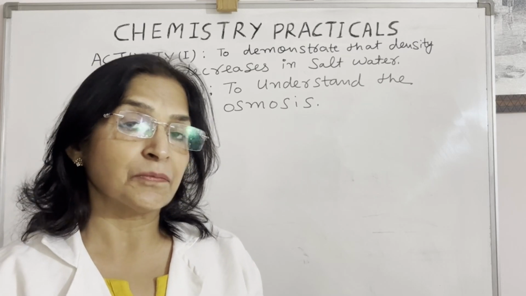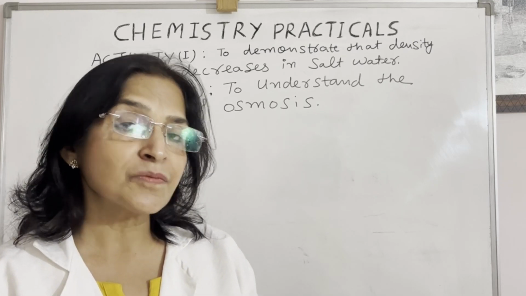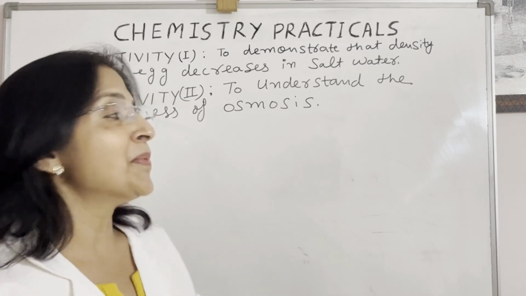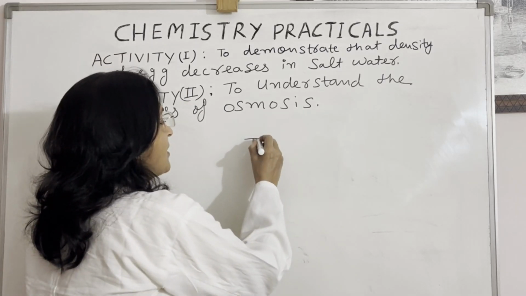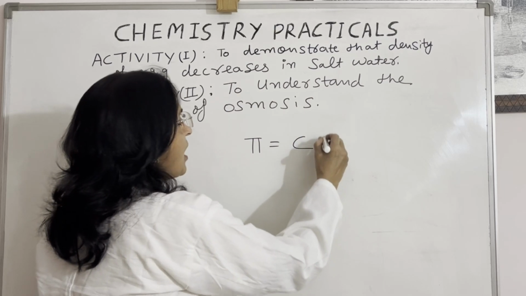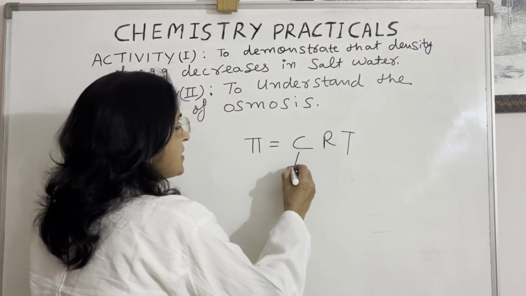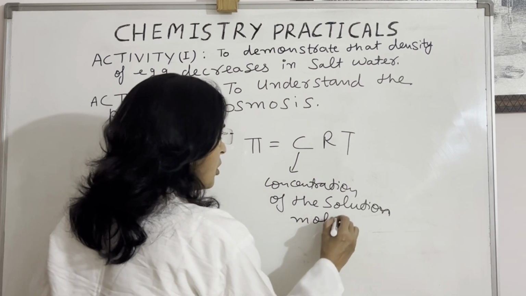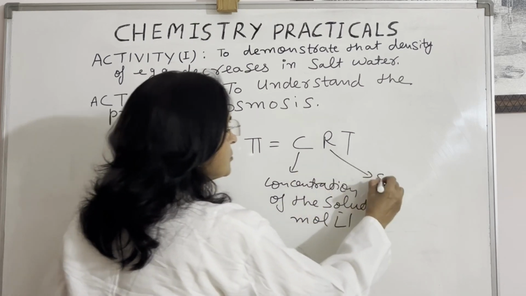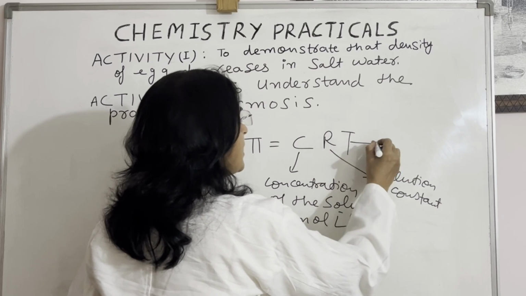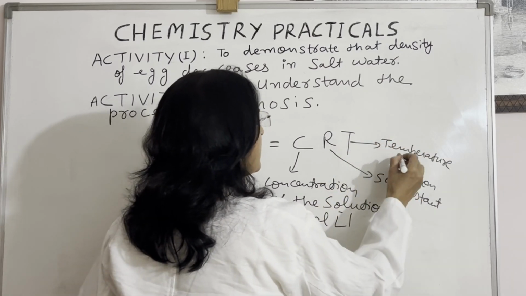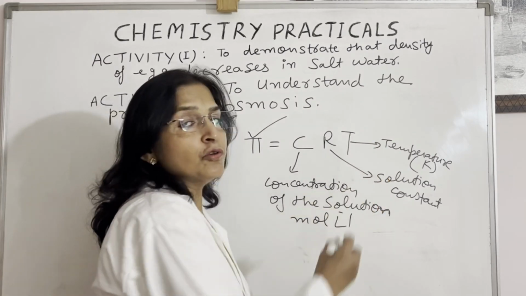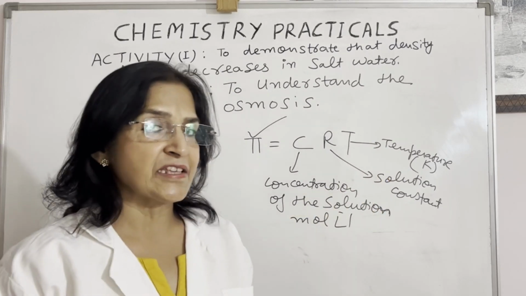This hydrostatic pressure is called as the osmotic pressure, and osmotic pressure is represented by the symbol pi, which is equal to CRT. C is the concentration of the solution. Units will be mole per liter. R is the solution constant and T is the temperature in degree Kelvin, and pi is the osmotic pressure. And the values of solution constant are similar to the gas constant.